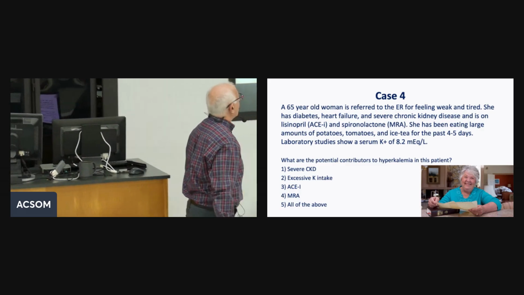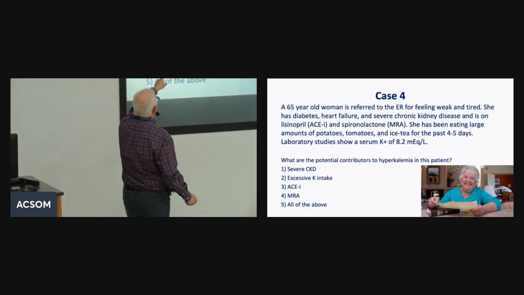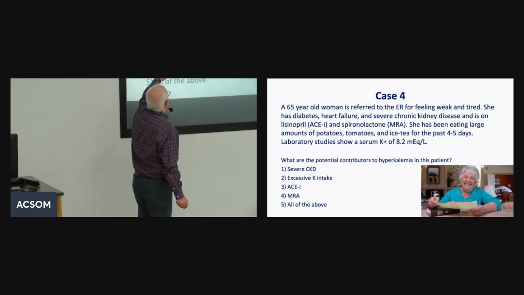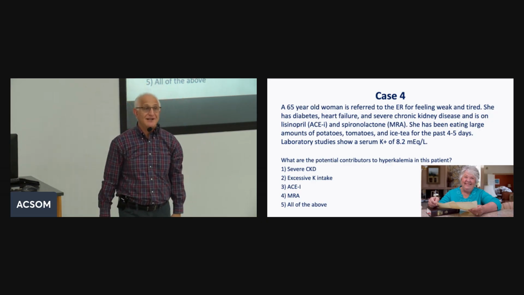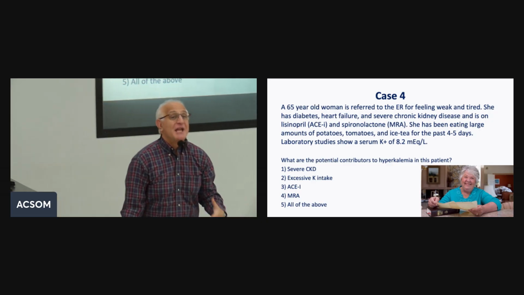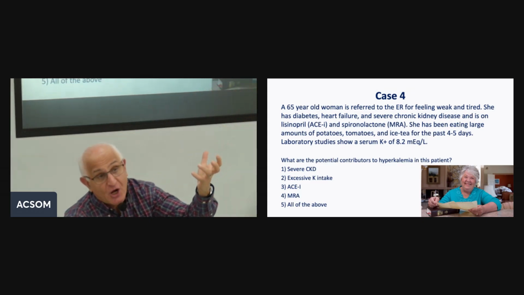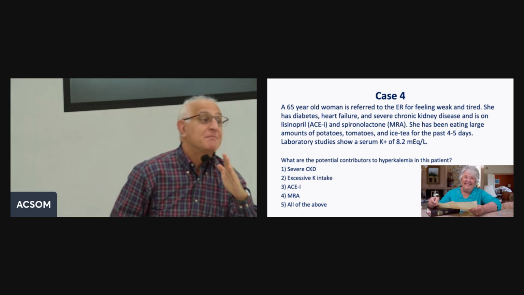What are the potential contributors to hyperkalemia in this case? Severe chronic kidney disease, excessive potassium intake, ACE inhibitor, MRA, all of the above. Which one would you go for? All of the above. If I told you high aldosterone gives me hypokalemia, then the other way is also correct.